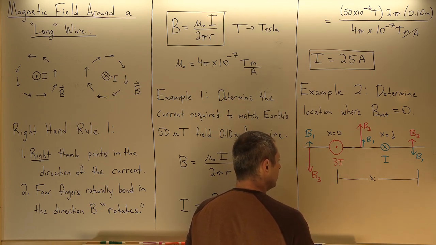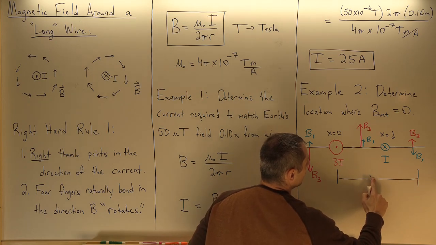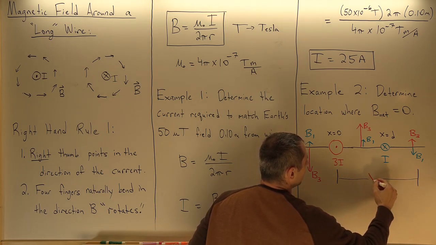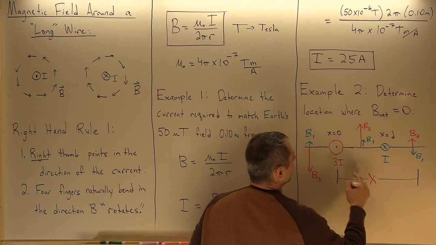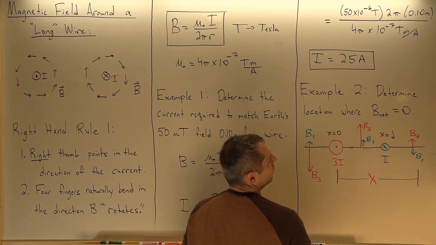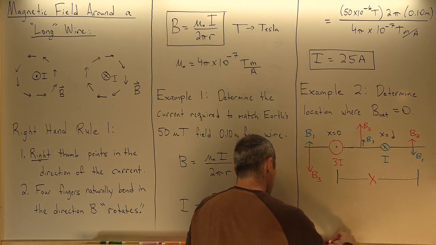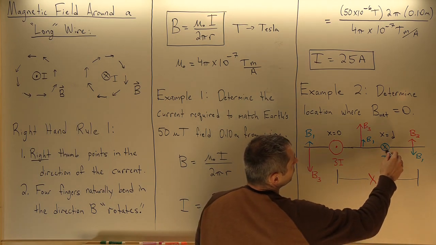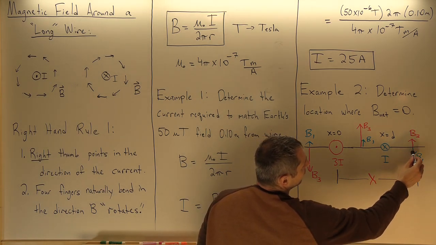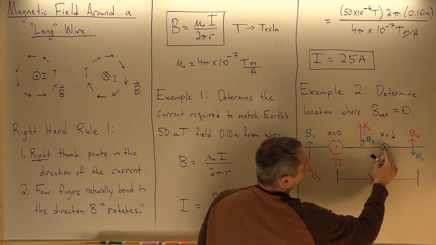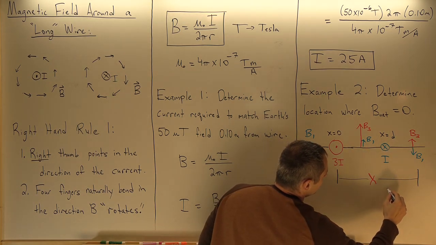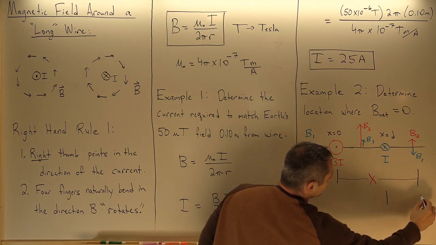That turns out to be the radius for the 3I current. The radius for the I current is right here, how far away we are from this wire. So it's essentially from here to here.